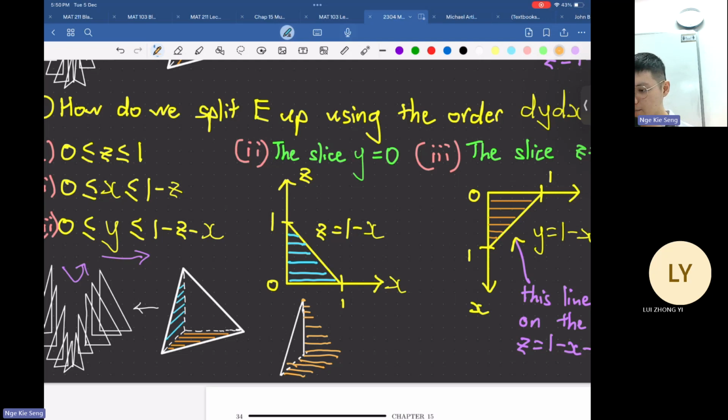And then how about the y ray coming from this line here? Okay, how about that? Huh? Any idea or not? How about this line?